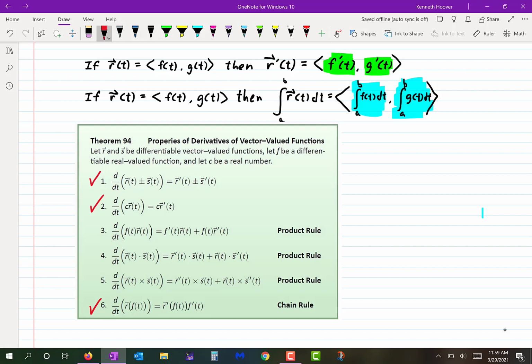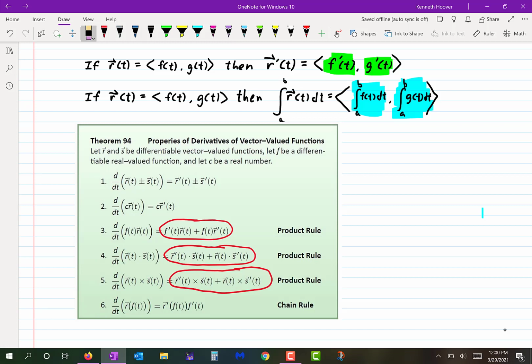You can multiply times a real valued function, or you can multiply 2 vector valued functions using the dot product or using the cross product. But what's important though is look and see the product rules are the same in all of those. It's the derivative of the first times the second plus the first times the derivative of the second.